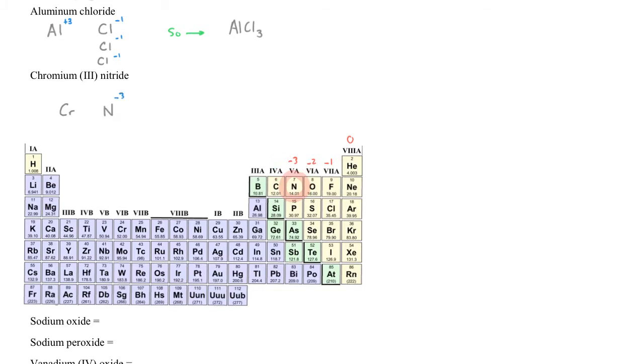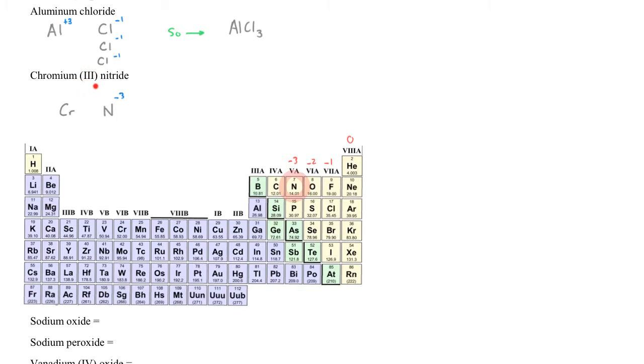What's chromium's charge? Well, chromium's a variably charged metal. I can tell that because, number one, I happen to know it, but also I can tell it from the fact that there's a parentheses here, and the parentheses tells me that chromium is a variably charged metal. If we're dealing with a fixed charge metal, these wouldn't be here. So anyway, we know that it's a variably charged metal.